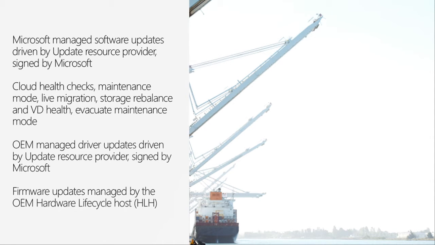So we've got the managed software updates provided by us. Again, we'll sign those, hand them out. The update resource provider will parse those. And we do things like cloud health checks. Right? How many times have you tried to apply an update and it just failed right away because WinRM was busted, or the cluster health was bad, or some VM that you expected to be on was off, right? That stuff happens.